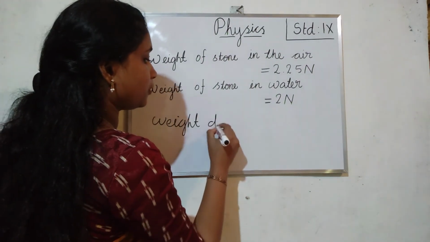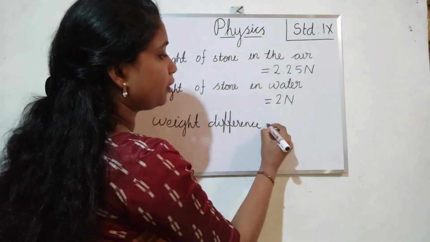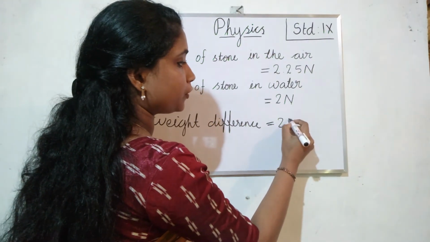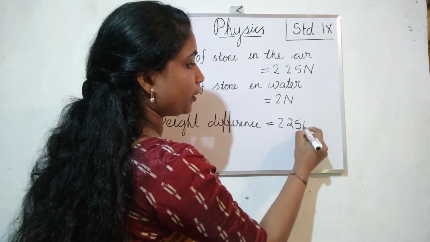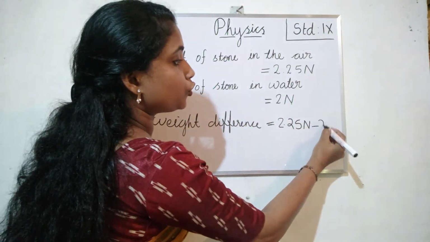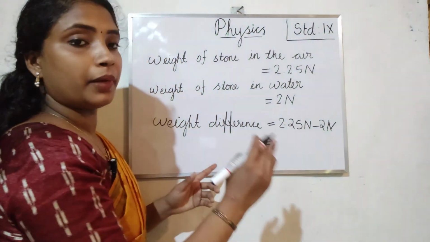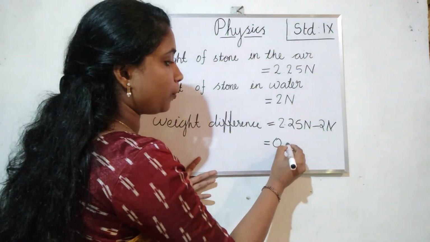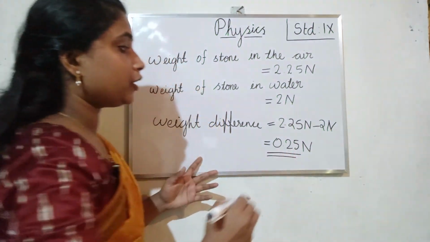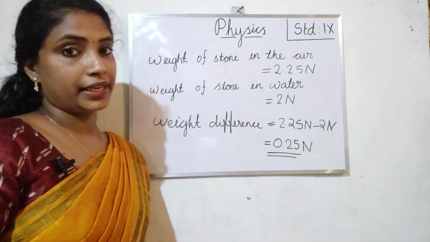Weight difference is the weight of the stone in the air minus the weight of the stone in the water. That is 2.25 Newton minus 2 Newton. It is 0.25 Newton. So, this weight difference is the buoyancy.